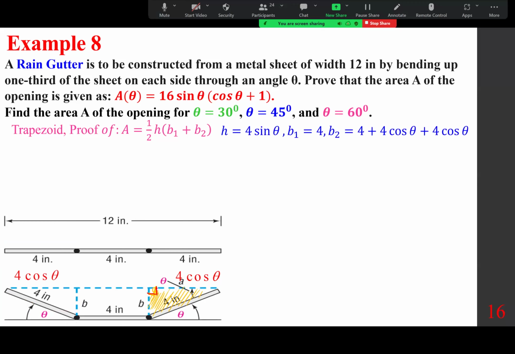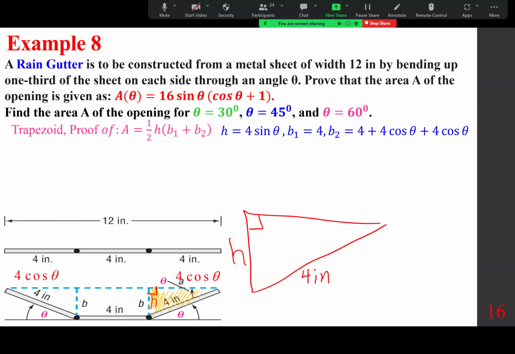So h is 4 sine theta. This is the height, everybody. So let's make the triangle larger here. This is the height.